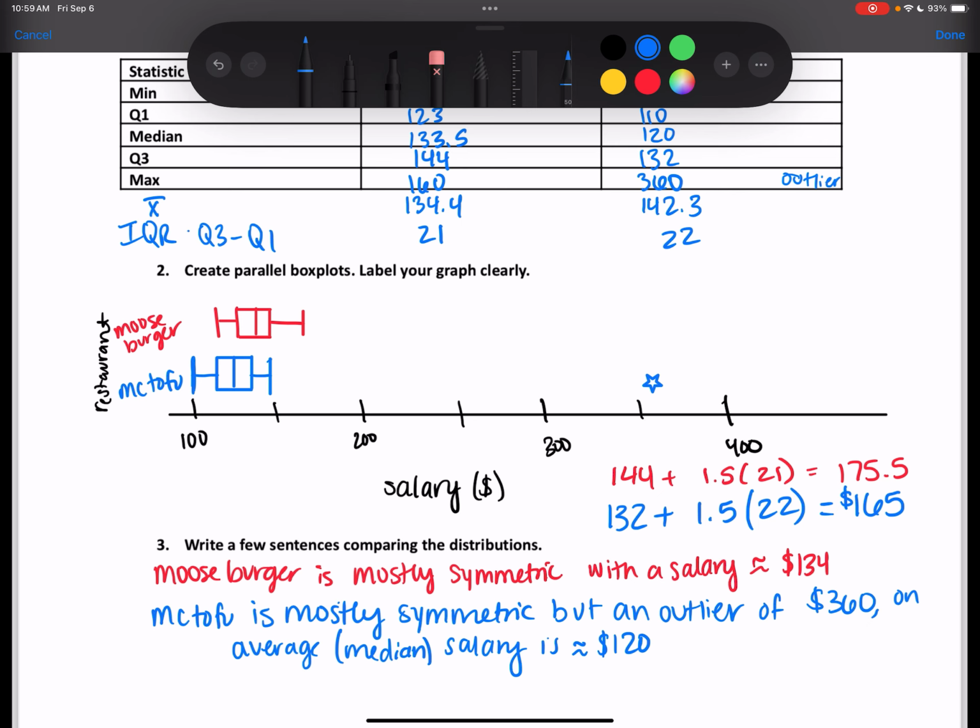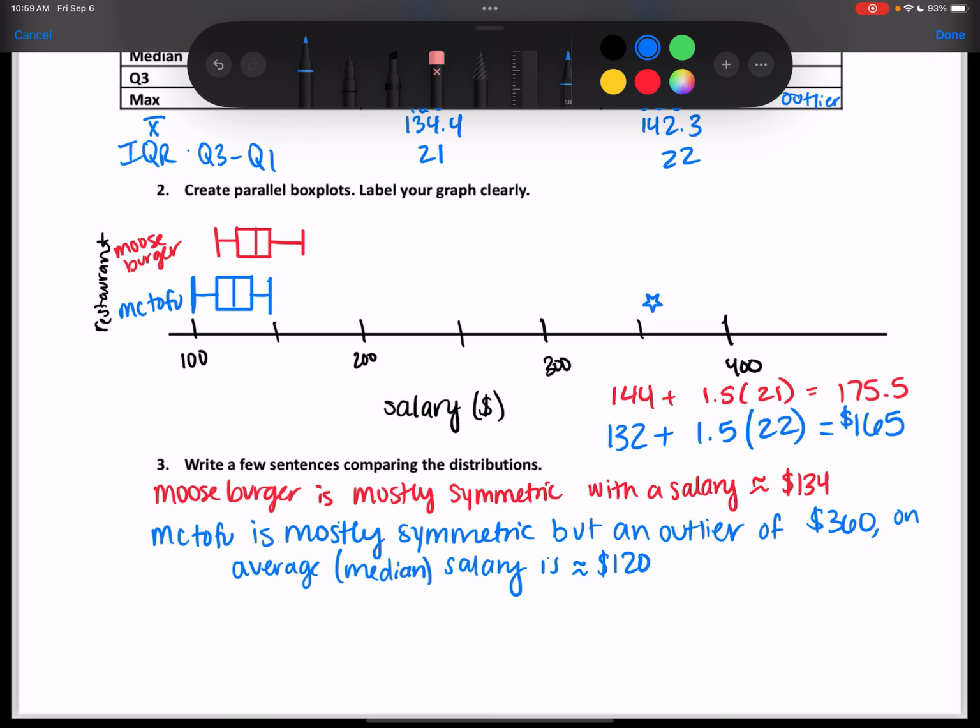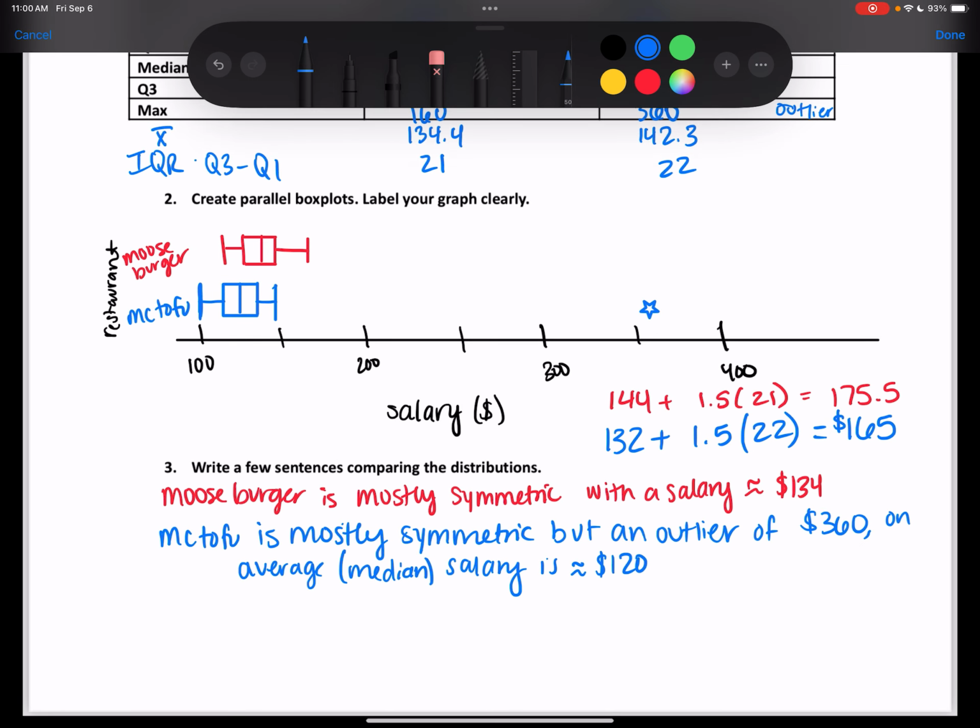As far as both restaurants, I would say both have a similar IQR. One is 21 and one is 22.